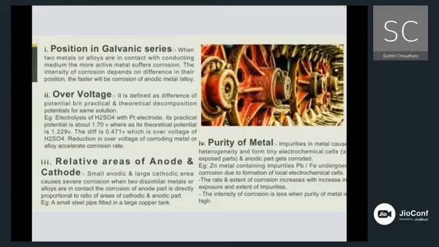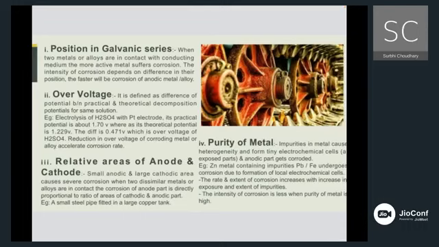With a small anode, the maximum reaction takes place, more electrons come from the anode area, and that increases the corrosion rate.